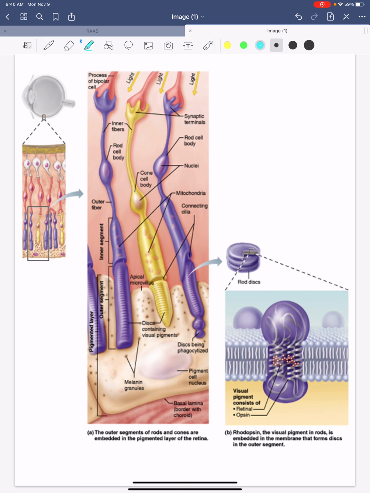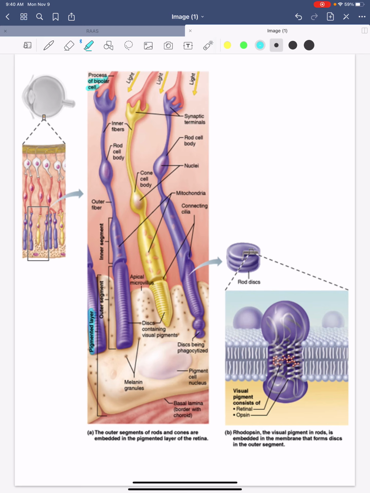These cells have one end that contains pigment, the pigmented layer. The other end synapses with other cells in the eye that transmit the information to the brain.